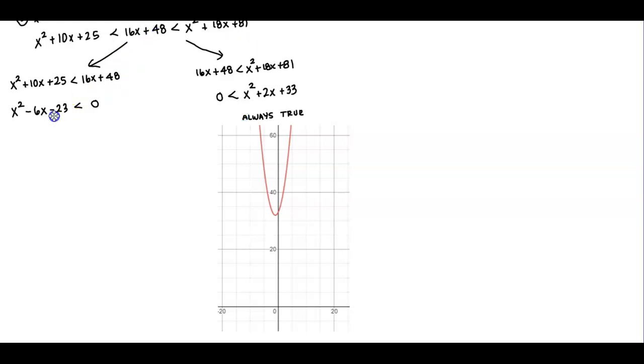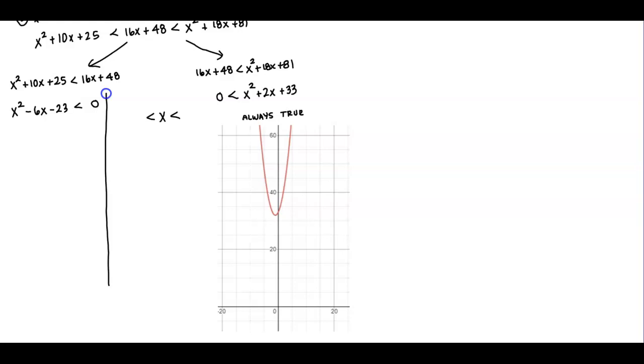Okay, so now we want to solve this inequality here. This is telling us that x squared minus 6x minus 23 is less than 0. And so what that means is once we solve this, and we're going to use the quadratic formula, those values are going to be within that interval for x.